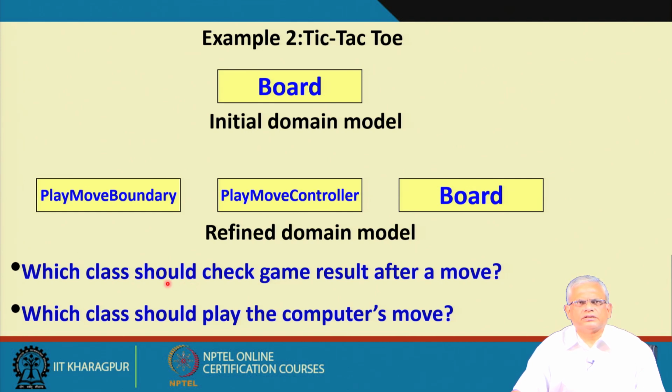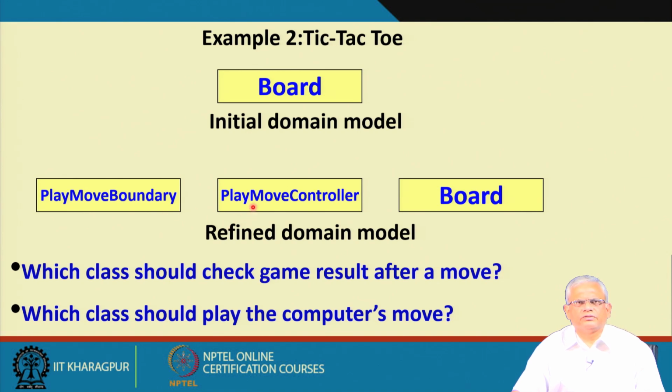Now, is it the play move boundary? No, the play move boundary cannot have the check game result, because it does not have the information about what is the current game position. To check whether the game is drawn, we need to find which player, that is the computer or the human player, has marked which square.